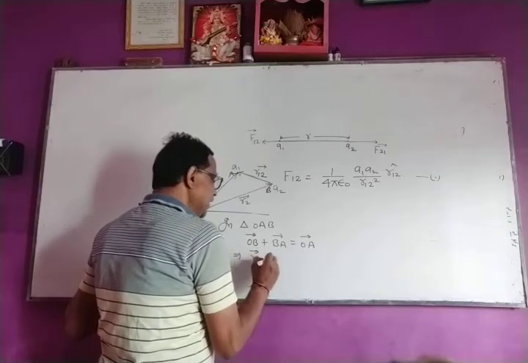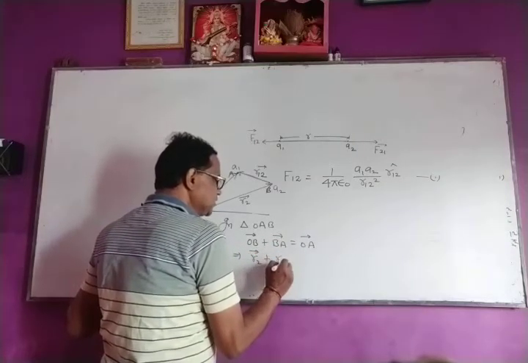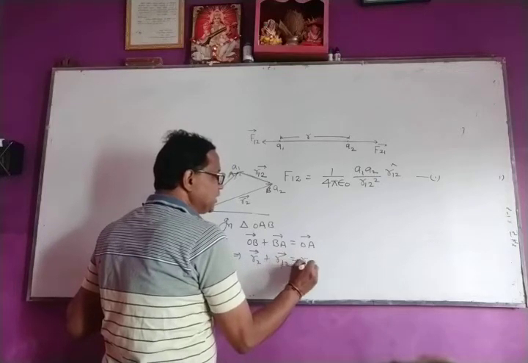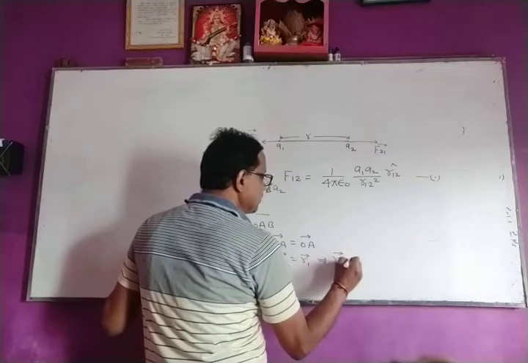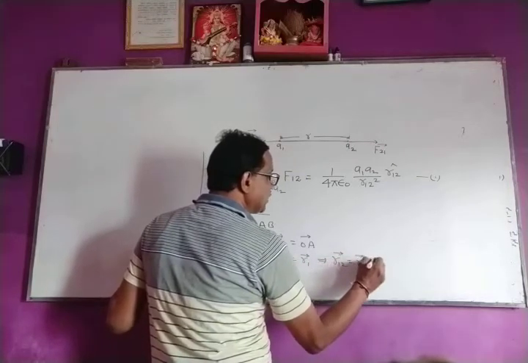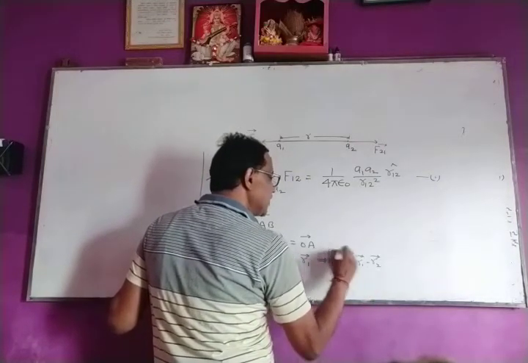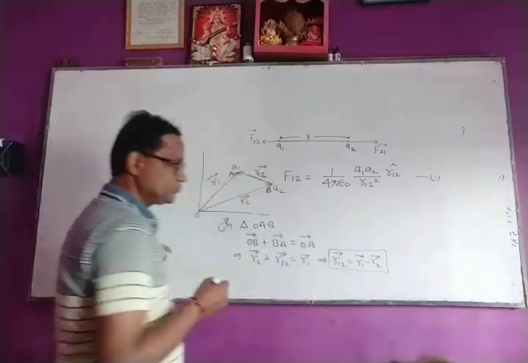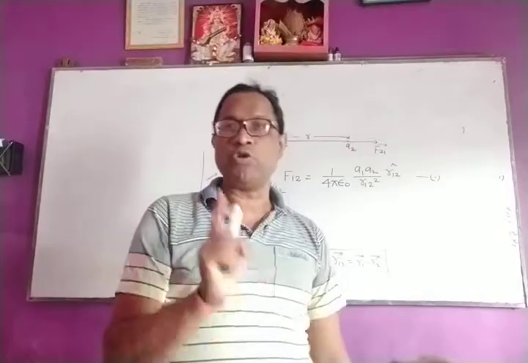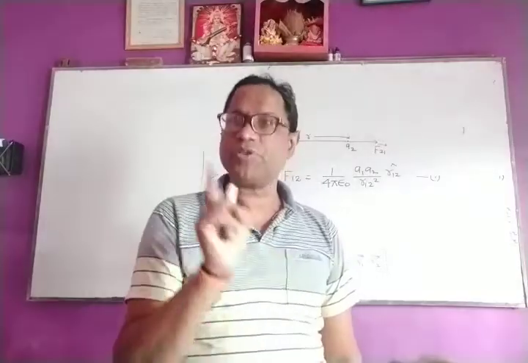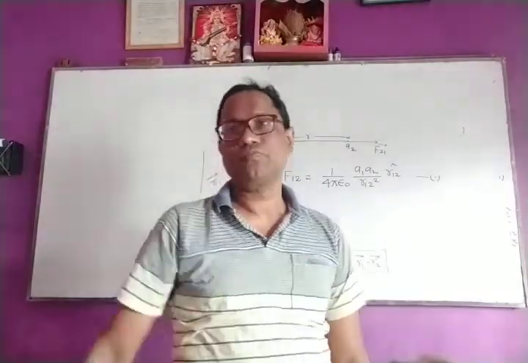So R2 vector plus R12 vector is equal to R1 vector. So R12 vector is equal to R1 vector minus R2 vector. Clear? In terms of position vector, R12 means position of Q1 with respect to Q2.